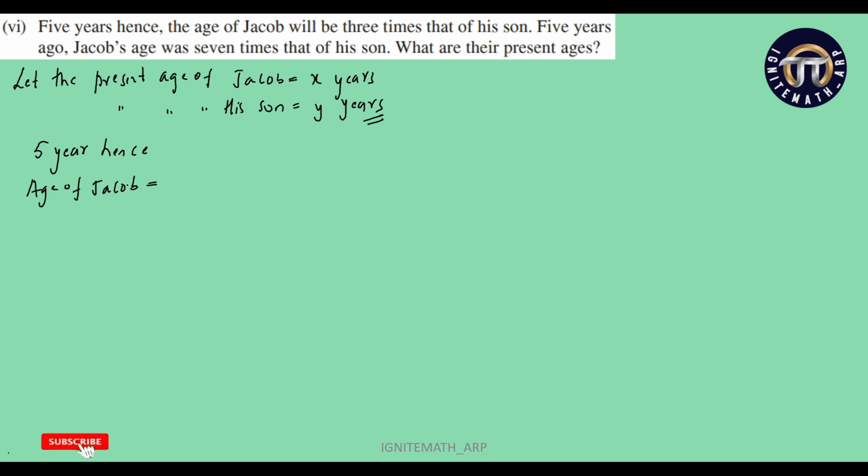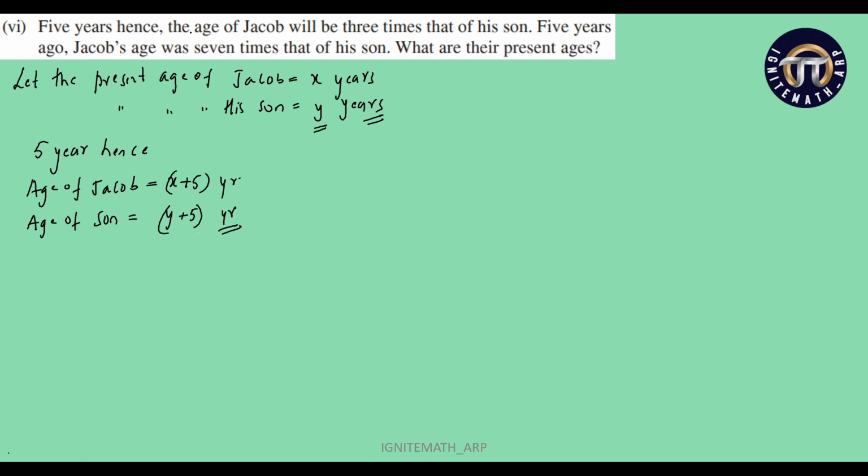Suppose you are, say for example, 14 years old, what will be your age after 5 years? 14 plus 5. So similarly Jacob is x years old right now, 5 years after his age will be x plus 5 years. Clear? Right. So the son is right now y years. After 5 years his age is going to be y plus 5 years.